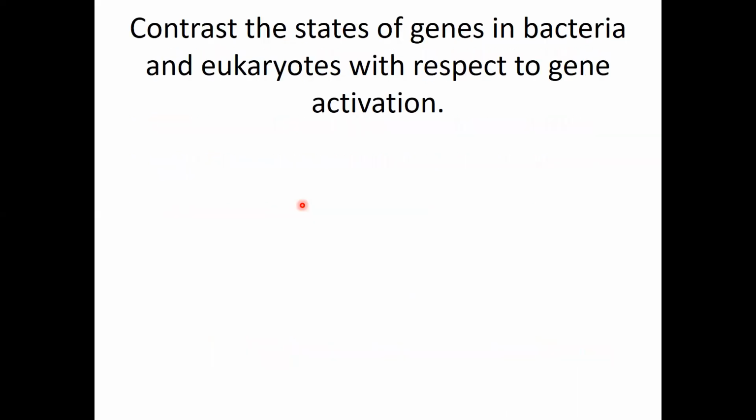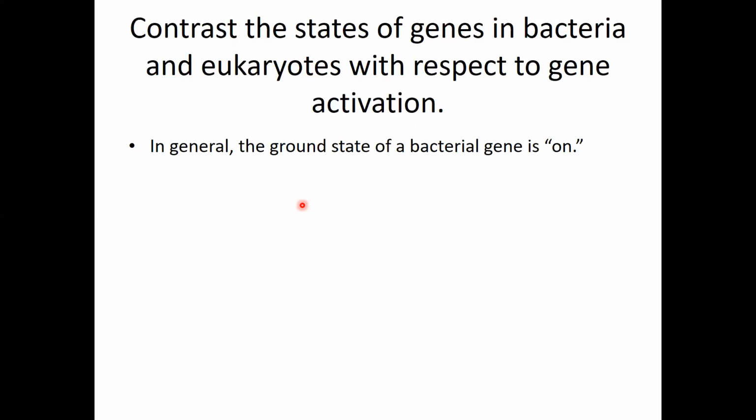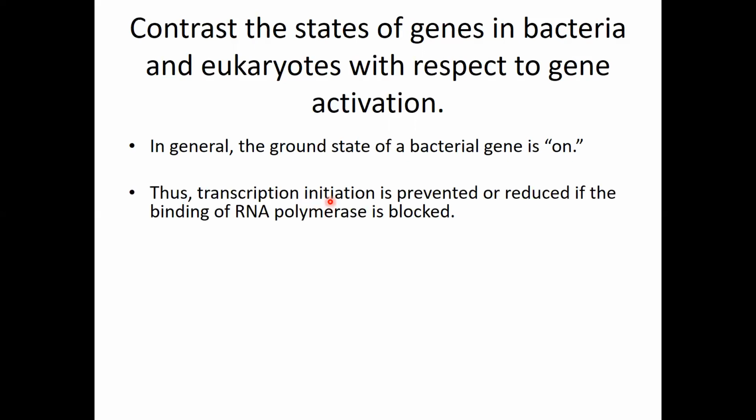So the next question is: contrast the states of genes in bacteria and eukaryotes with respect to gene activation. In general, the ground state for a bacterial gene is on. So transcription initiation is prevented or reduced if the binding of RNA polymerase is blocked. Whereas with eukaryotes, the ground state is off.